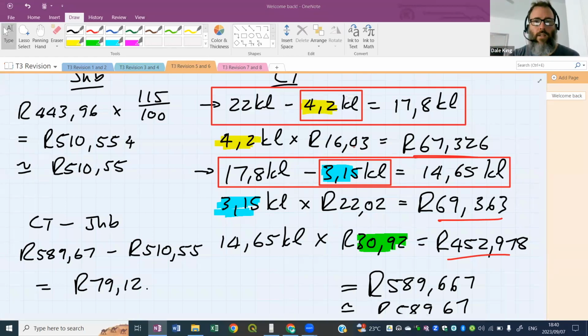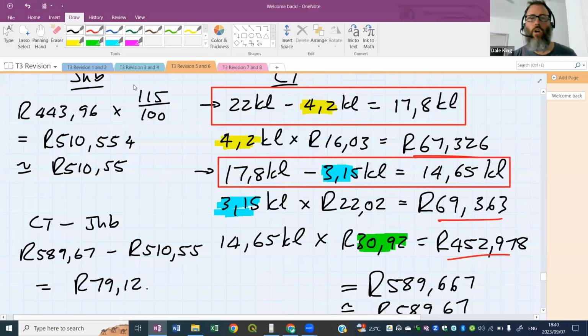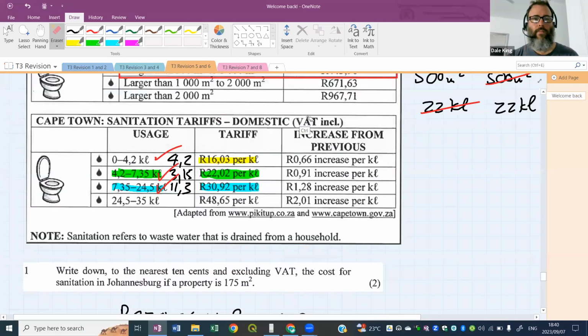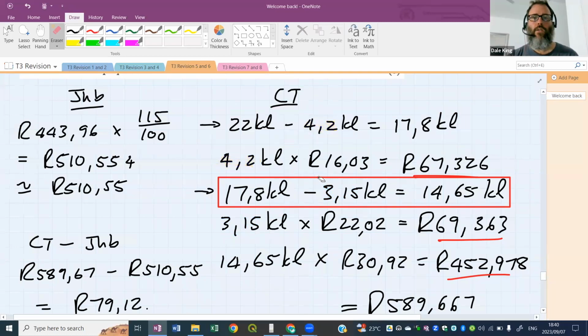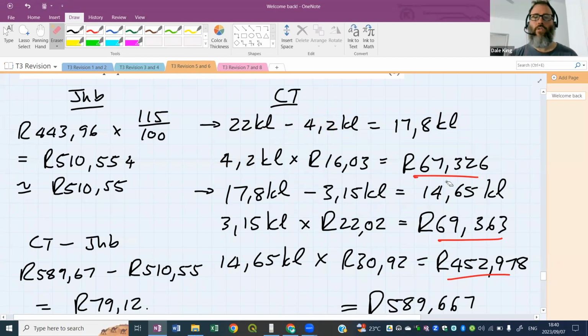So why didn't you add 16 and 3? 16 and 3 is the tariff, the tariff that we charge at. Let me just erase some highlighting. 16 and 3 is not the amount you're paying for the total water.